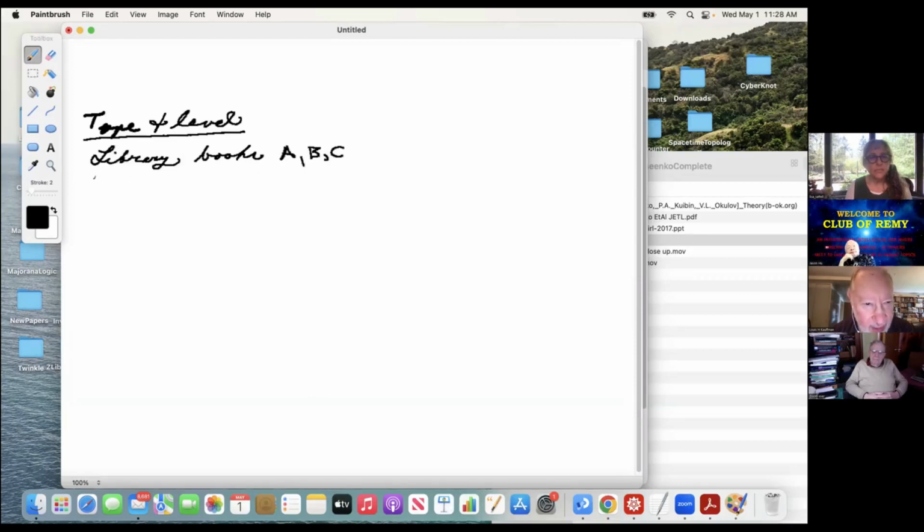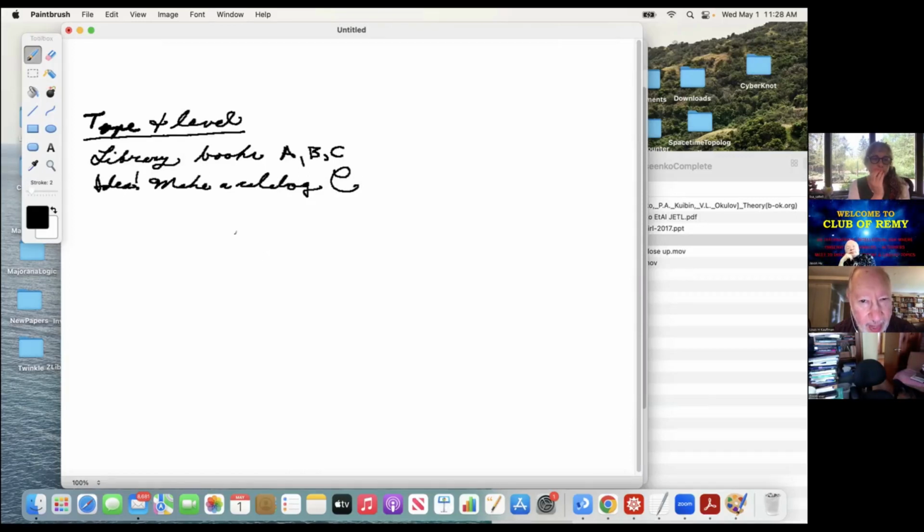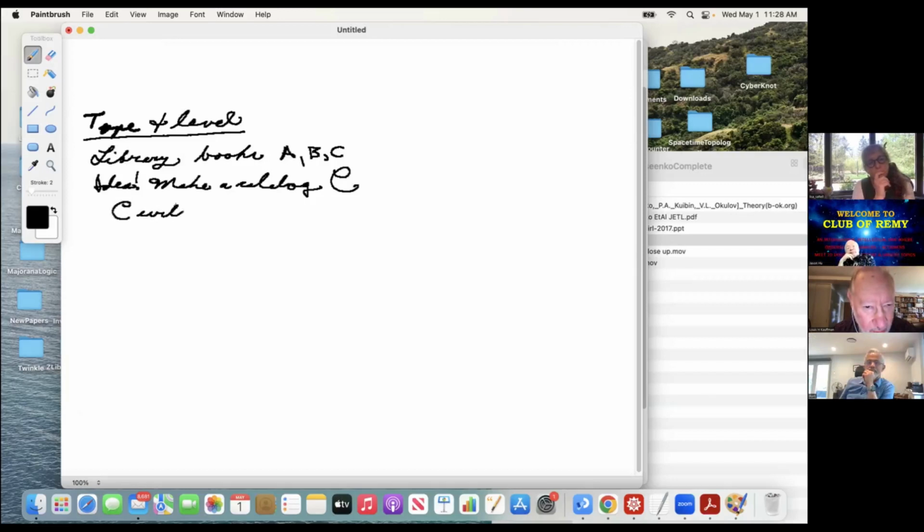But the idea, the librarian that we hired has an idea, and that is to make a catalog, C, and C will also be a book, so that we don't have to put it anywhere except on the shelf of the library.